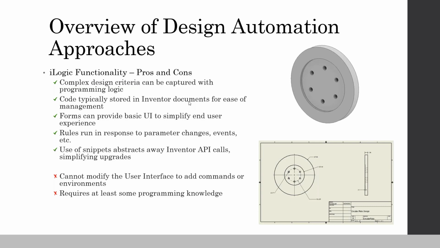You can capture very complex design criteria with the programming logic. It's a great way to introduce very simple user interfaces in the form of forms, where you can capture information from the user. You can provide a little bit of context, like an image showing what dimensions mean, et cetera. So you don't have to know quite as much about how the model was built and how it behaves.